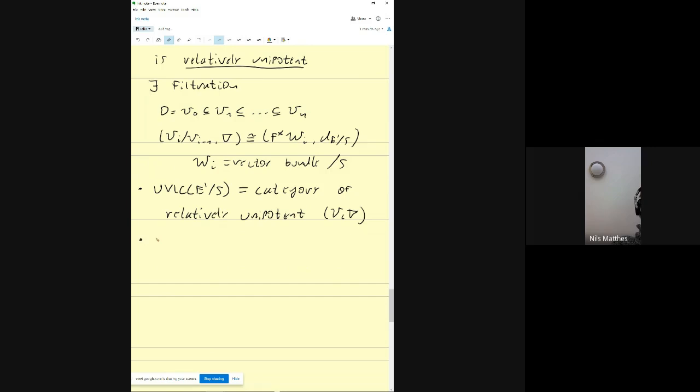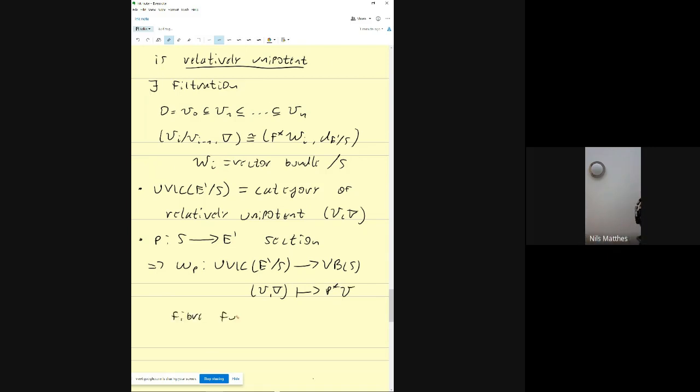So whenever we have a section, so whenever we have a point, we get a fiber functor, which now takes values in the category of vector bundles over S and is defined as before. You take your vector bundle and you pull it back along the section.